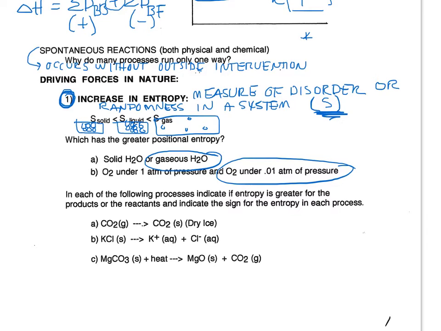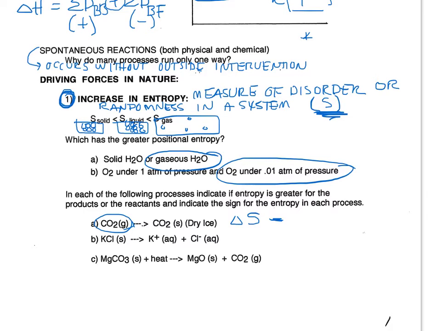Entropy is greater in the reactants. Delta S, the change in entropy, for this particular system as it goes to a solid is negative as the entropy decreases.